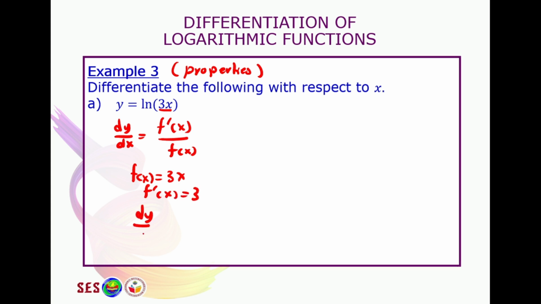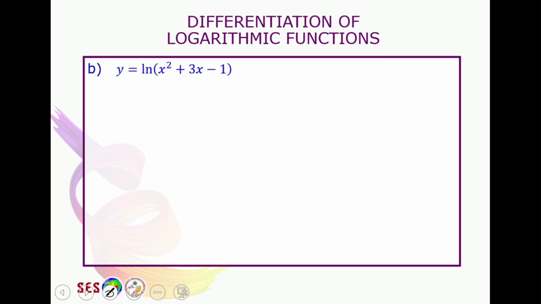We just substitute into the formula, so we have 3 over our f(x), which is 3x. You just cancel, and the answer that we get is 1 over x.